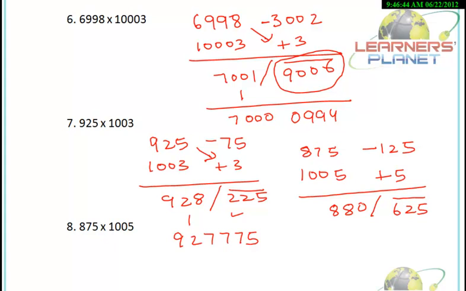Okay, now we have to deduct 1 from this, and this 625 we have to deduct from 1000. So we'll be getting 879, and 1000 minus 625 is 375. So the final answer is 879375. It's very simple, friends.